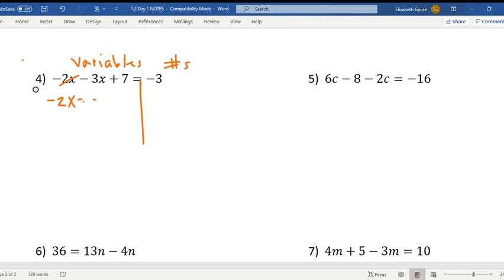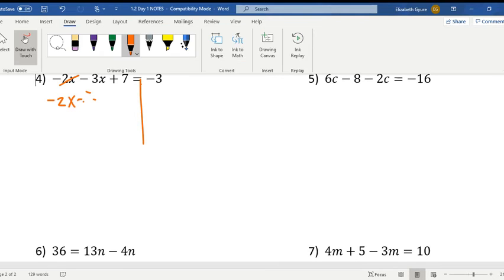Let me try my other one. Why is this doing this?